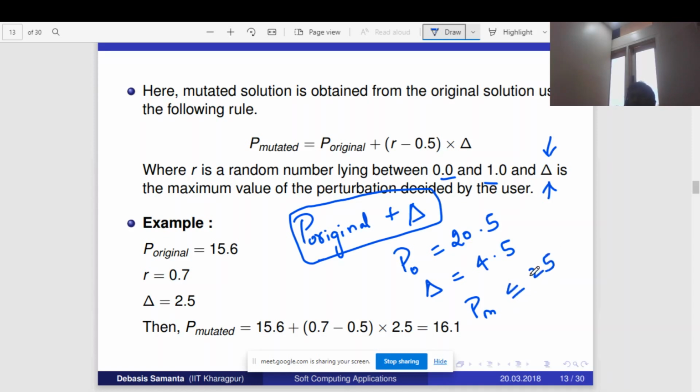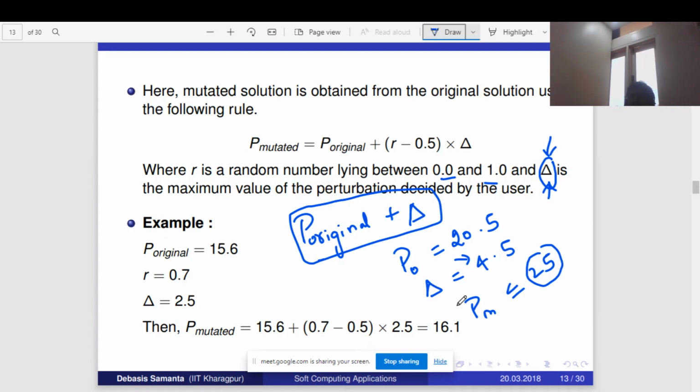That much you can guarantee. So that control variable is delta. Everything depends on how much you want a better solution. I want to perform mutation to achieve a better solution, but at the same time I don't want the result to be beyond 25. If that is the case, then you have to choose delta as 4.5. Is it clear?